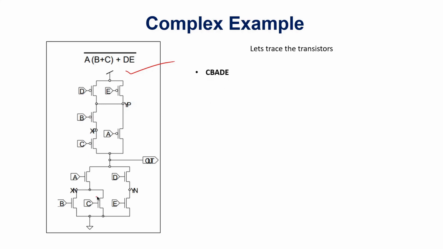So C, B, then A, then D, then E. So it's okay, but you can see here CBA is not okay for PMOS. So it works for NMOS, not for PMOS.